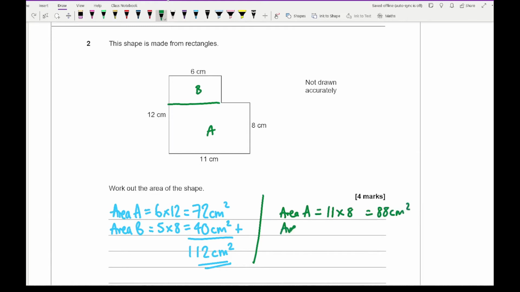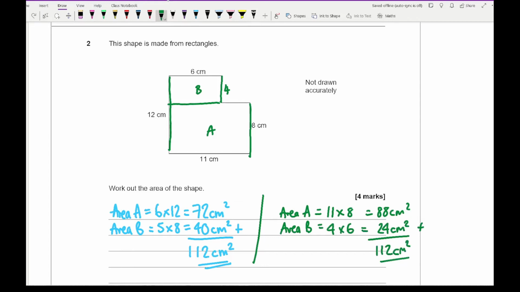And the area of B, well, if all of this length here is 12, and this length here is 8, the missing length is the sum of 8 and what gives you 12? Well, that's going to be 4. So it's going to be 4 times 6, which is 24. And again, if I simply add those two areas together, I get the same answer.